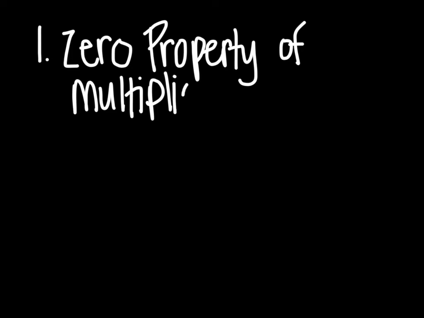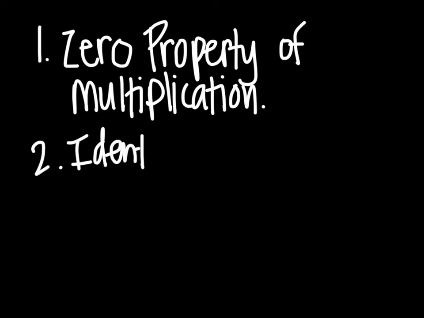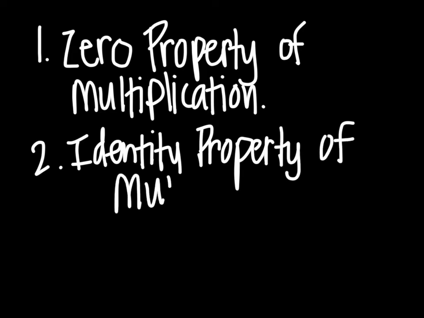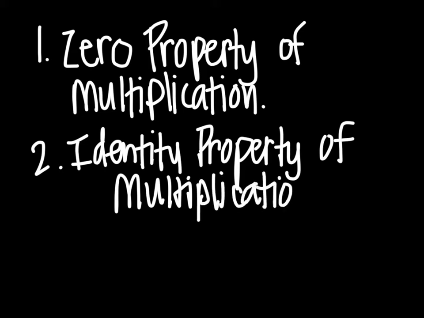You're going to have the identity property, and finally you're going to have the commutative property.